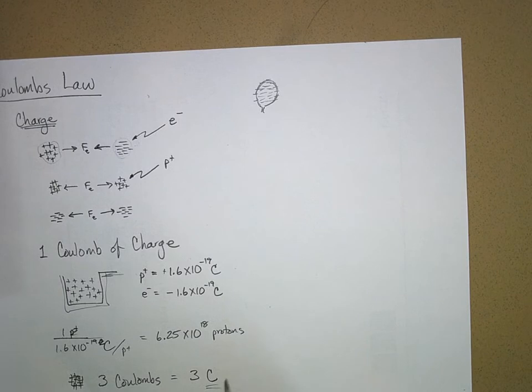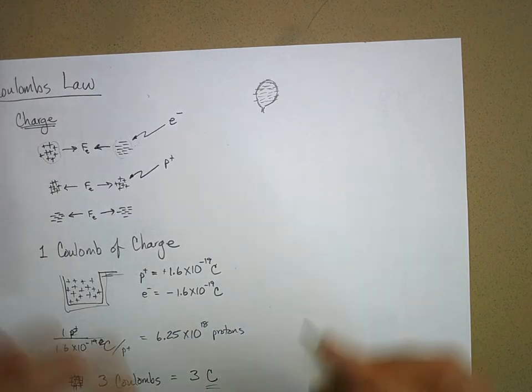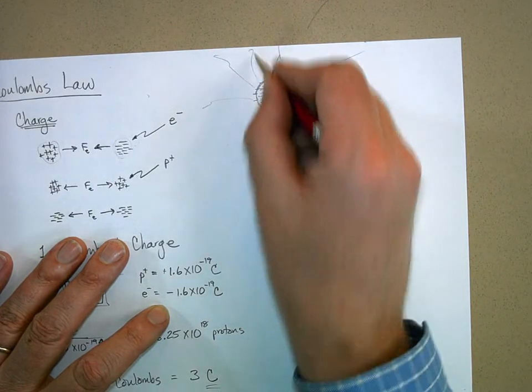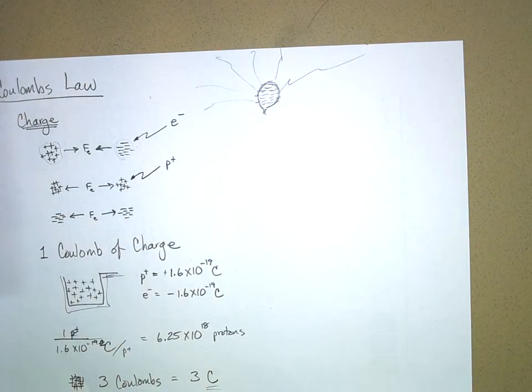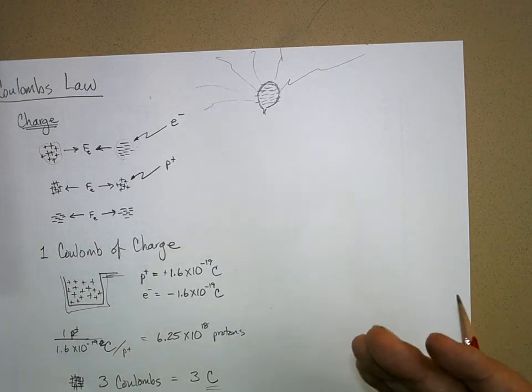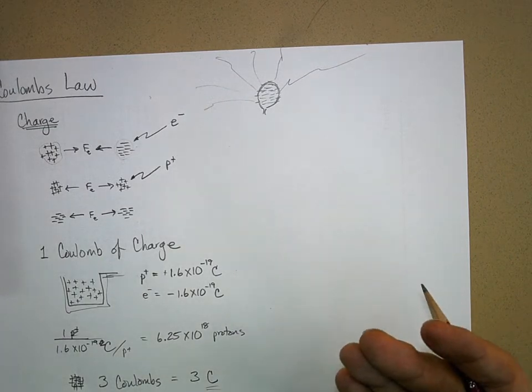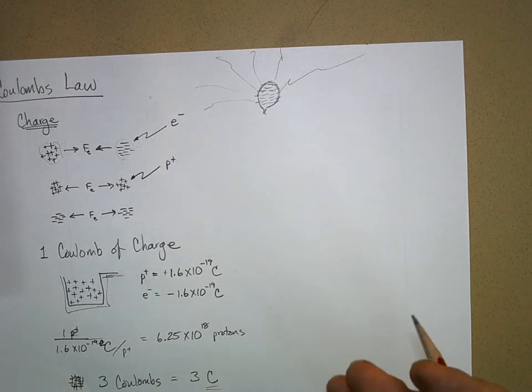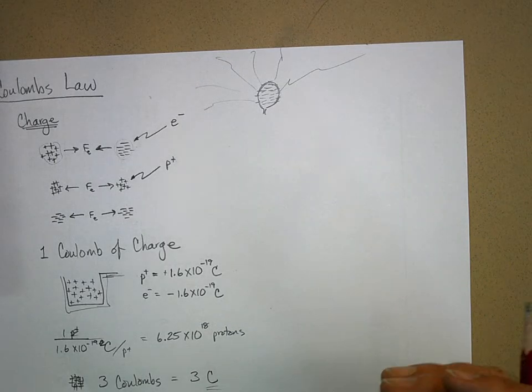You would probably be killed, because there would be gigantic lightning bolts coming off of this balloon. This is so much charge that it's really far beyond what we would ever experience with any kind of static electric experiment. In fact, with static electricity, you're usually dealing with millionths of a Coulomb.